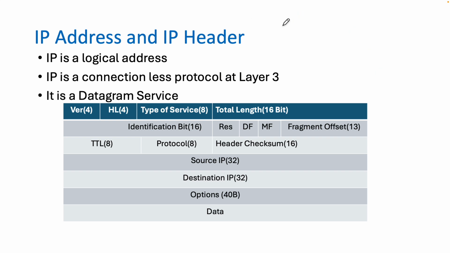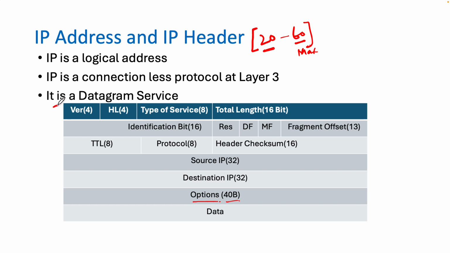The first question is, what is the size of this header? Answer is 20 byte to 60 byte. So it resembles TCP in terms of size. 20 byte minimum, 60 bytes maximum. It means 40 byte of optional fields can be added. That is why I mentioned it here.